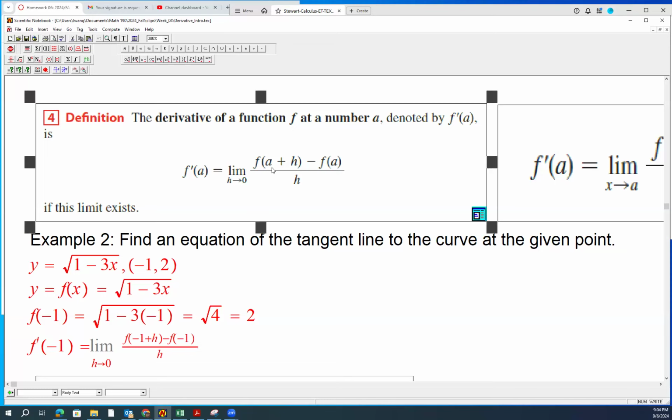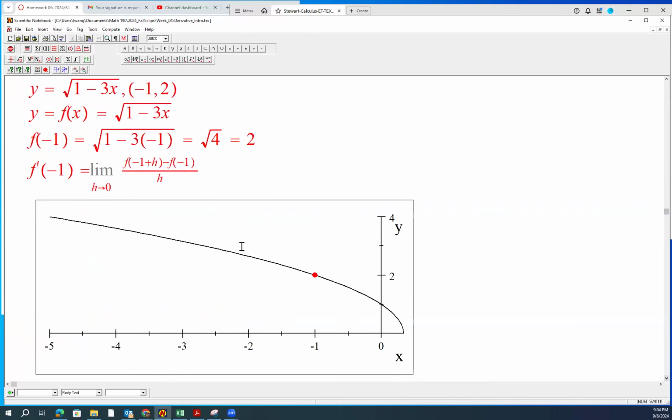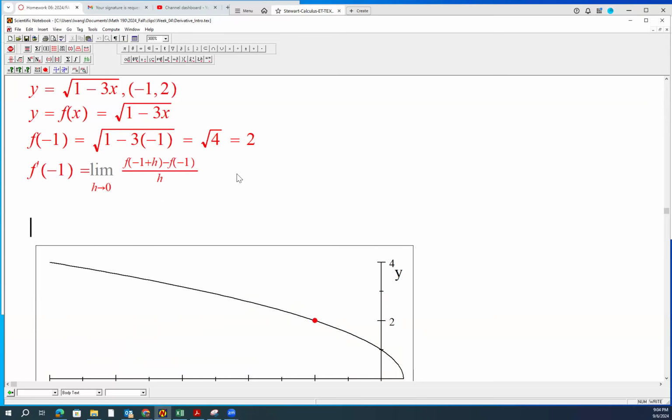So a is -1, and that's how we plugged in. And we're going to proceed.